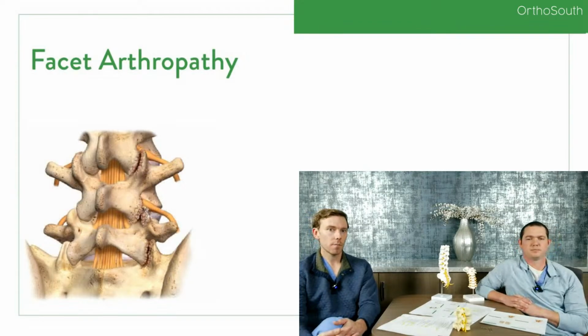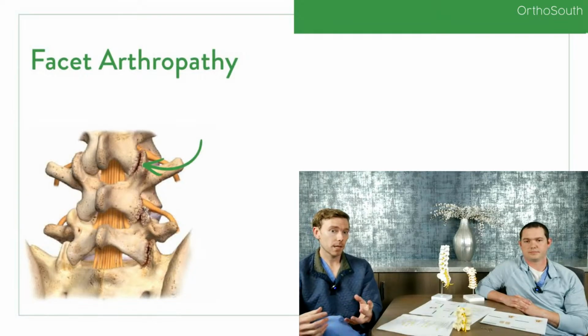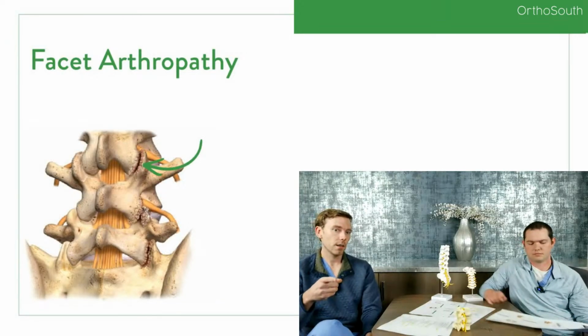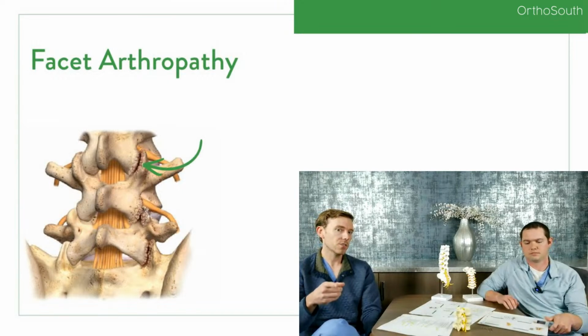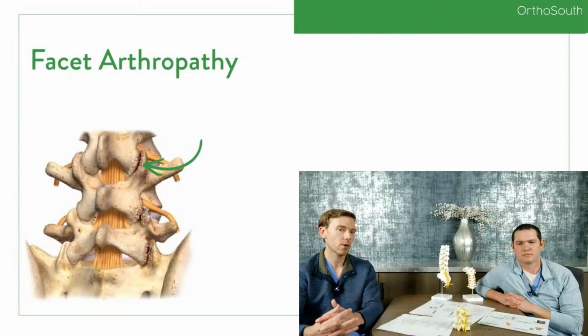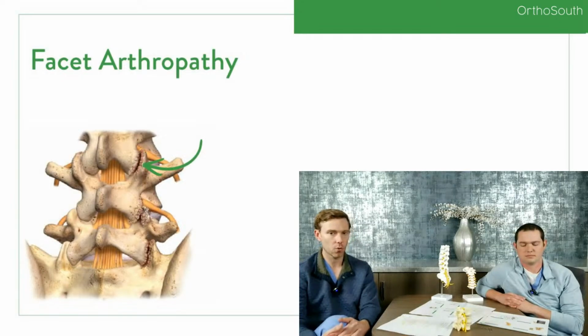You can also get bone spurs that overgrow from the facet arthropathy that can sometimes pinch a nerve, like we're seeing here in this picture where that arrow is pointing. You have arthritis in that joint, but it's overgrown and it's actually pinching that nerve. And in a person who has something like that going on in their back, often you will get radiating nerve pain down through your buttocks and or legs, or both.